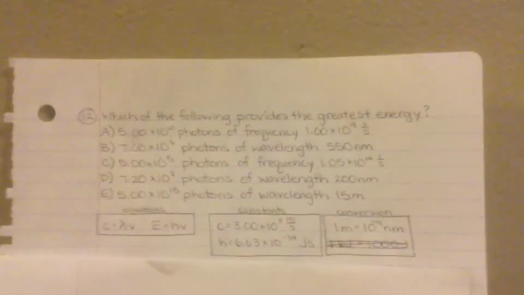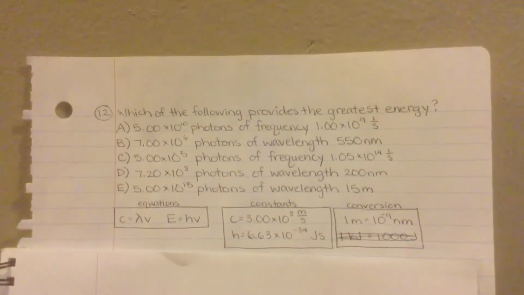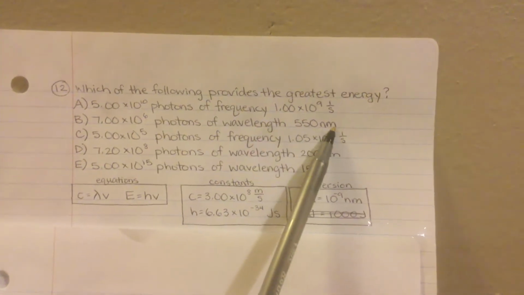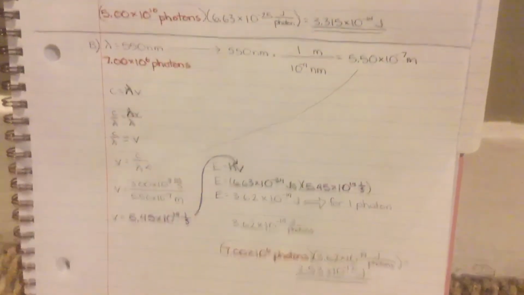Okay, so the second one, B, they give us photons and they give us wavelength. So we've got this amount of photons, this amount of wavelength in nanometers.